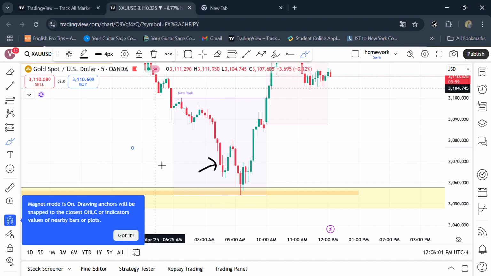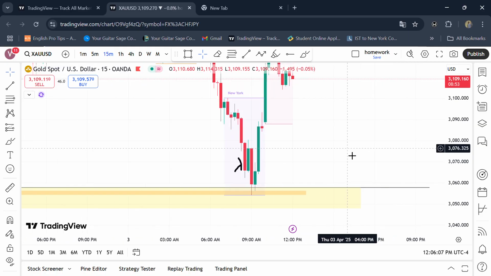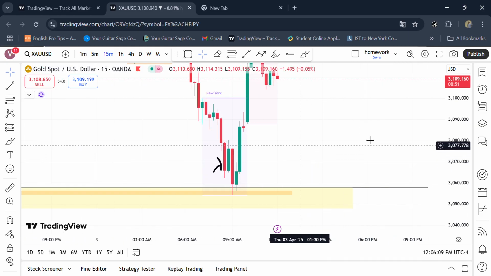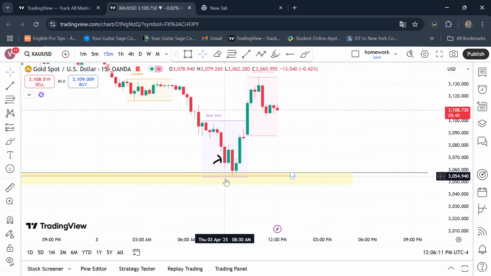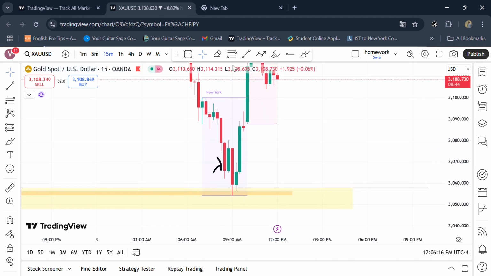Now let me tell you how to go about this, how do we analyze it, how do we think of what is right in this scenario. You see that there is a unicorn setup down here. What else do you see?